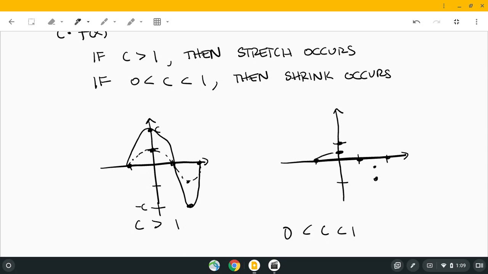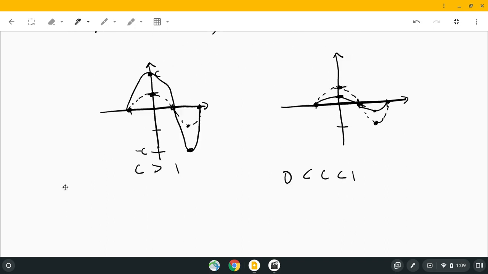And so now your graph looks like this, where you have this vertical shrink. This was the original graph, and now you have this vertical shrink. And to figure that out, when you look at the function being multiplied by the number, you should be able to recognize what's going to happen. When you actually do the graph, we said multiply the original y values by that constant.